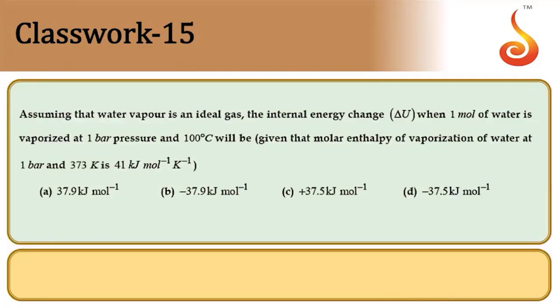Then the next one. Assuming water vapor is an ideal gas, find the internal energy change delta U when 1 mole of water is vaporized at 1 bar pressure and 100 degrees Celsius, given that the molar enthalpy of vaporization at 1 bar and 373 K is 41 kilojoules.